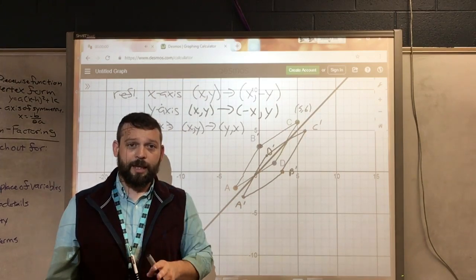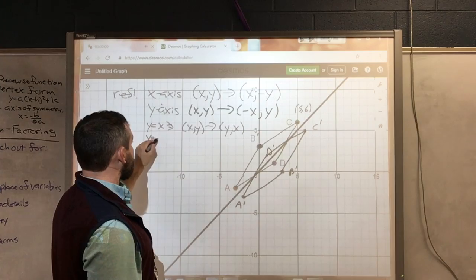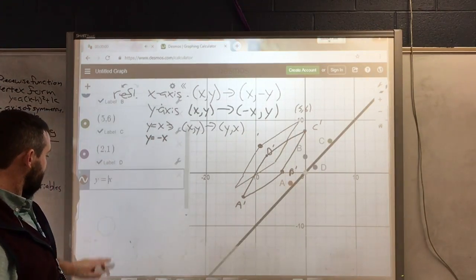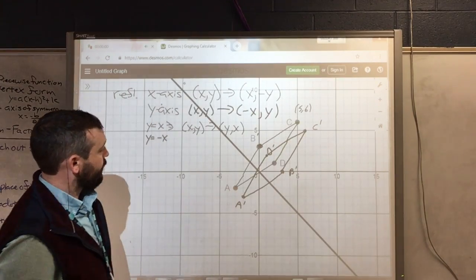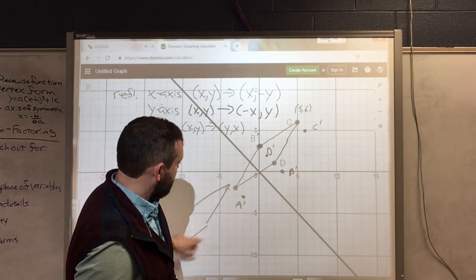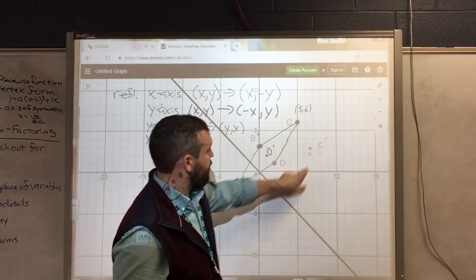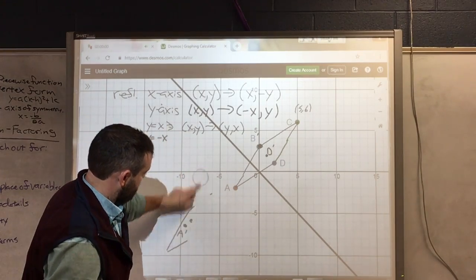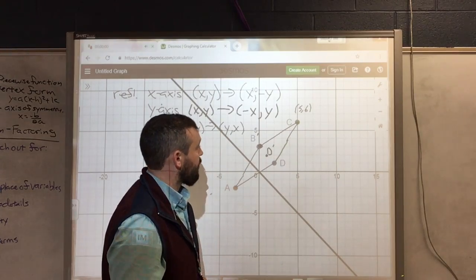So now here's the last one, the y equals negative x. So if I go through my line tool, let's change that to a negative. Okay, so all of a sudden this thing is looking the opposite of what we had before.